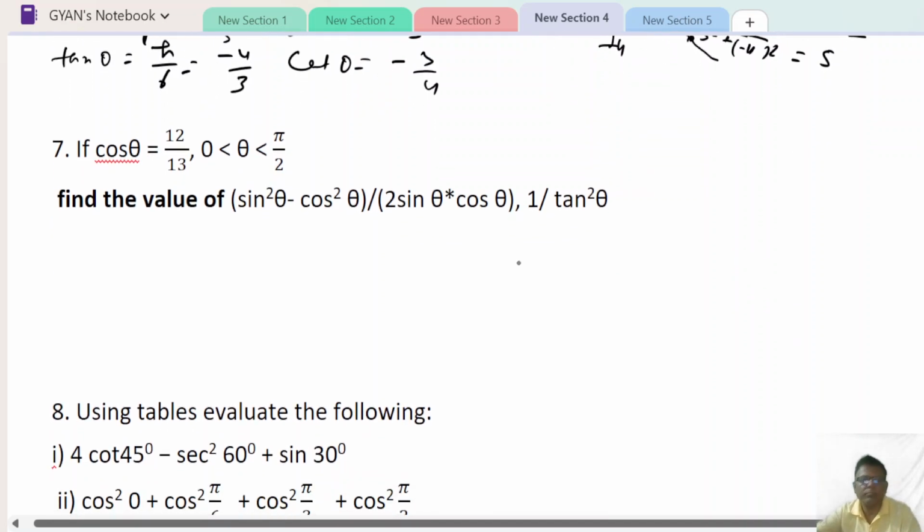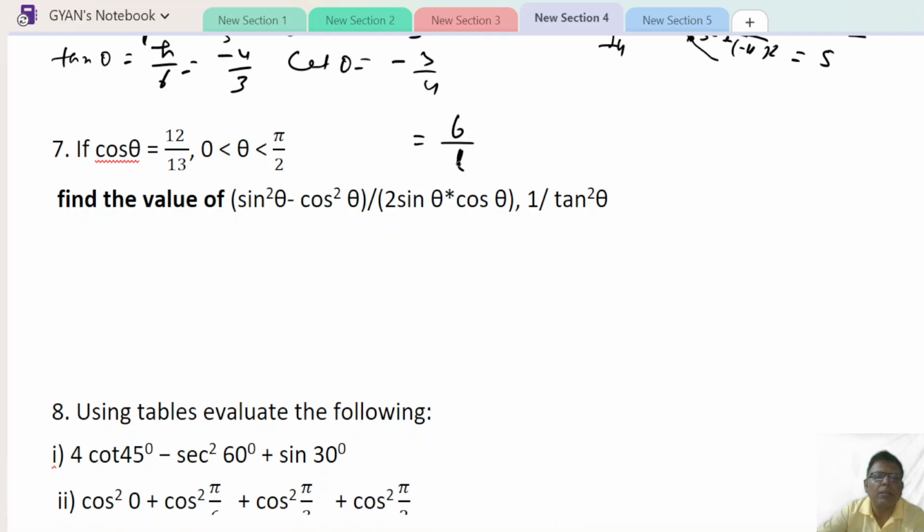Now cos theta is equal to 12 by 13. So we know that it is the ratio of which one? B divided by L, base divided by L. So since it's a ratio, we can write base is equal to 12k and hypotenuse is equal to 13k.